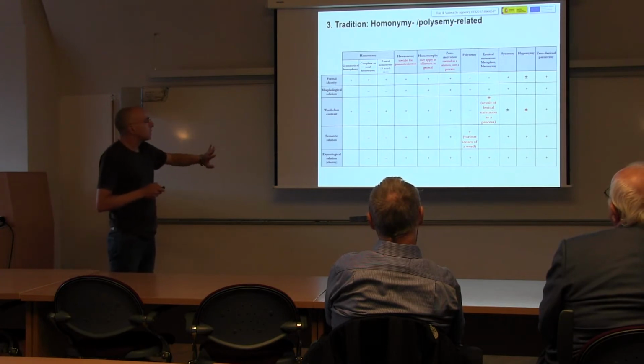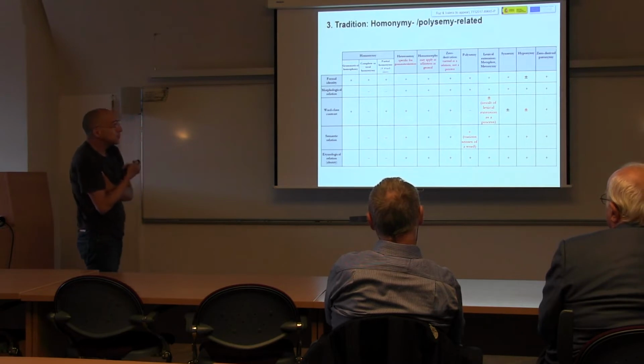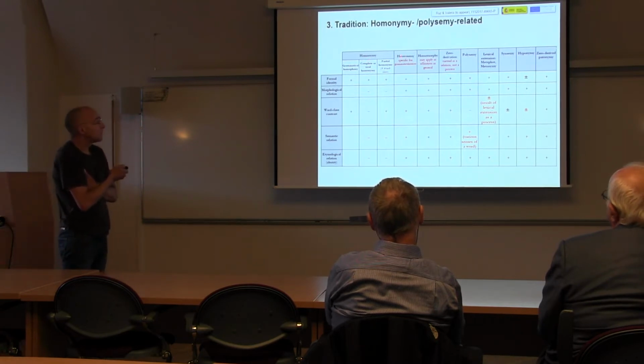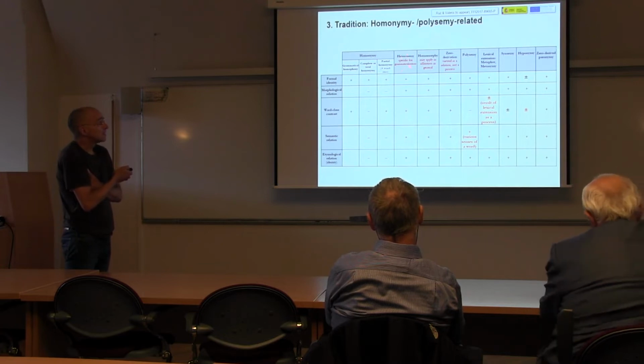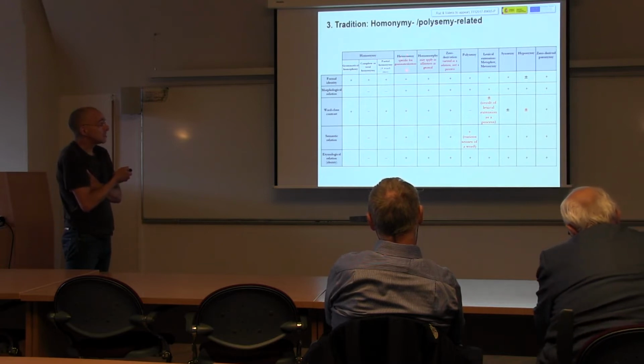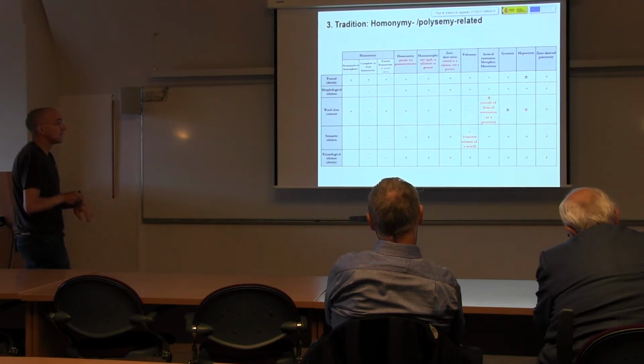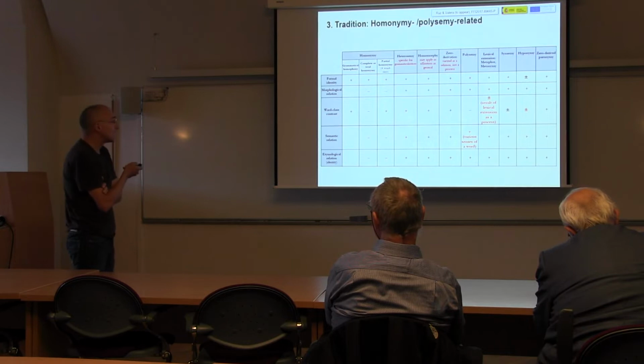This is a summary of the relations or the concepts that have been put forward to describe cases of conversion. So we have homonymy, we have heterosemy, but as I said, this is specific for grammaticalization. All the examples that are cited here are specifically cases of grammaticalization.